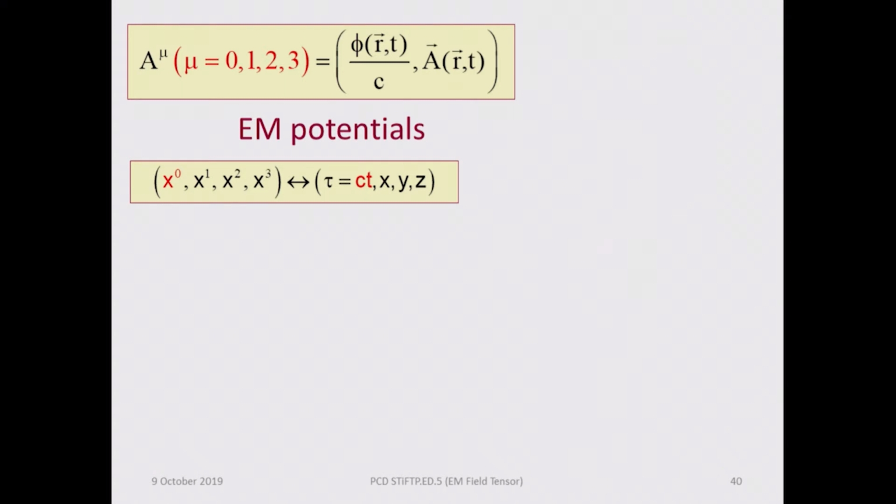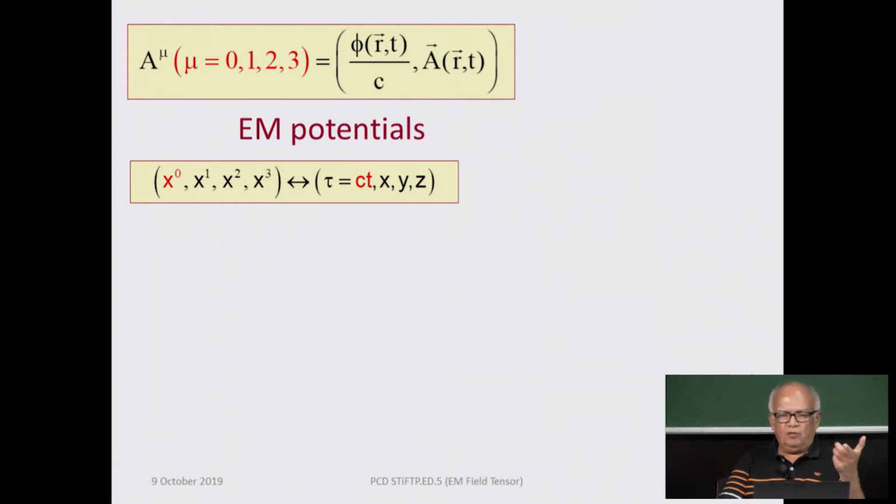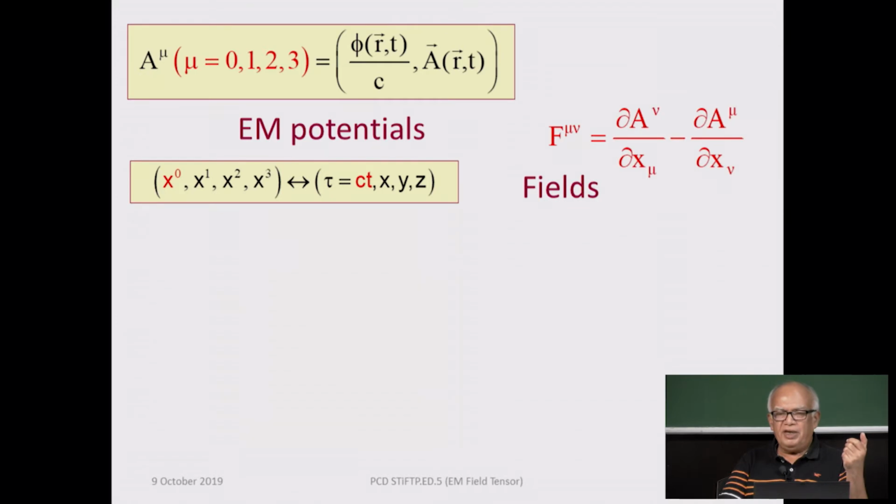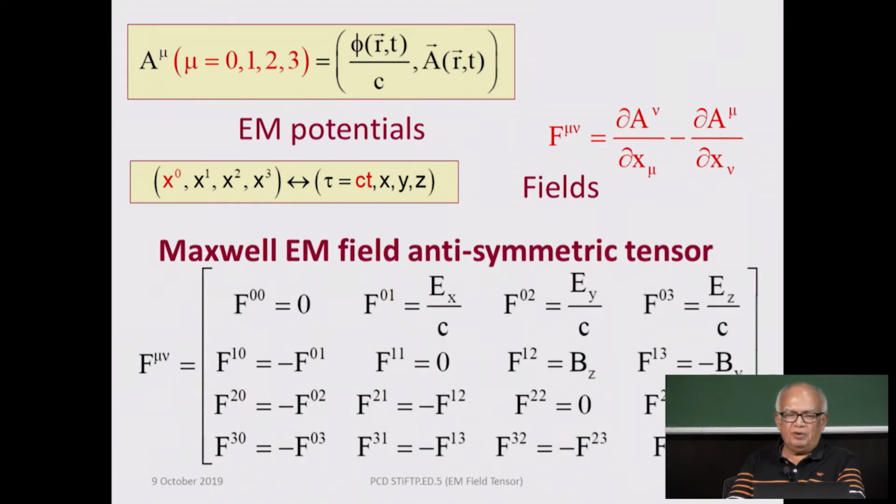So, the electromagnetic potential now has got 4 components 0, 1, 2, 3. The fields are given by the derivatives of the potentials, and not just the derivatives, but the difference in the derivatives between 2 terms. So, there are these del A nu by del x mu minus del A mu by del x nu. Okay.